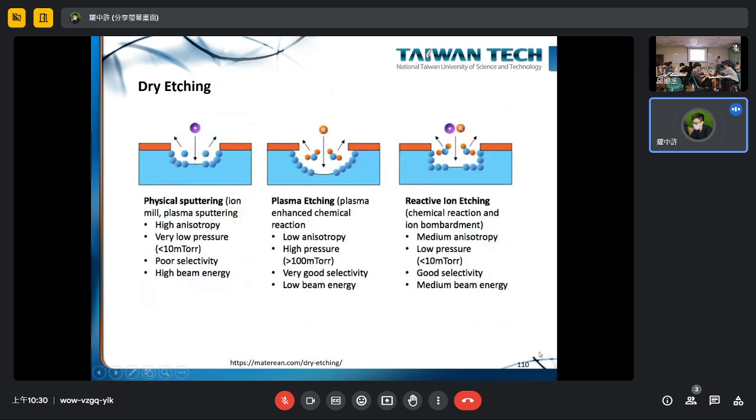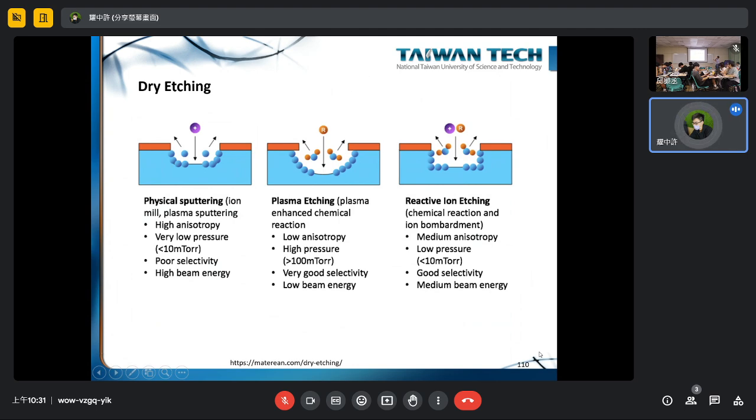Physical sputtering is where positive ions bombard your wafer, so the atoms in the wafer will be removed. For plasma etching, you have reactive materials reacting with your atoms. This is like a corrosion behavior; it reacts with your atoms so they are taken away.